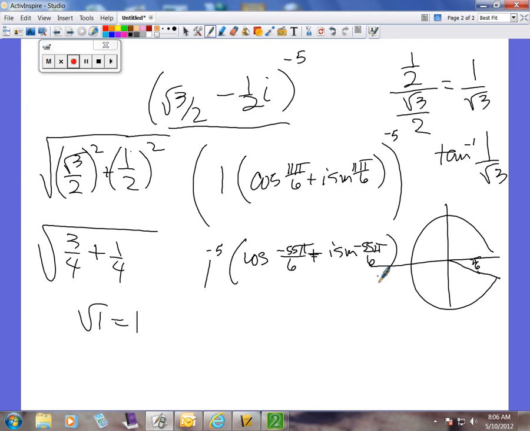So can you think of an alternative way to write this 11 pi over 6 that's easier to work with? What could we do here? What's another way of writing 11 pi over 6?